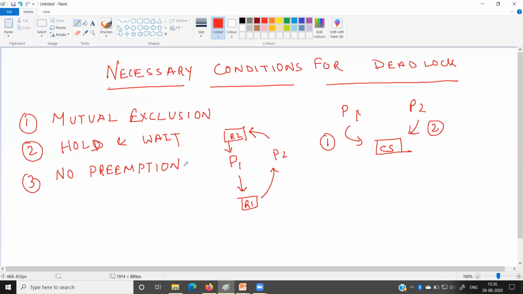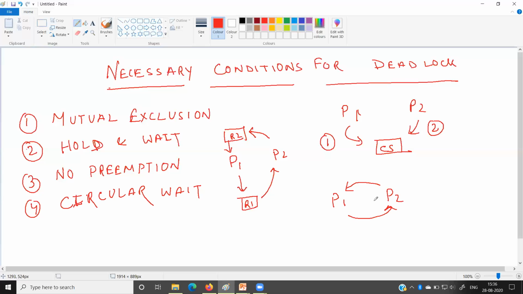So if no preemption exists in any system, then the deadlock may also occur. And the last one is called the circular wait. So the fourth condition is called the circular wait. Circular wait means, here you can see that the process P1 is waiting for P2, and again, P2 is waiting for P1.